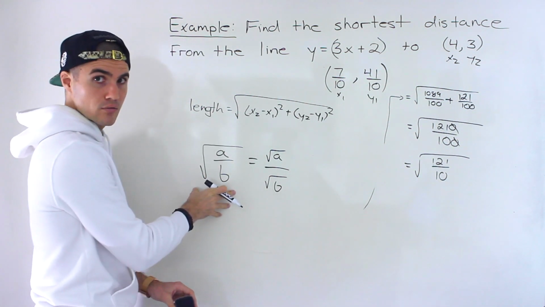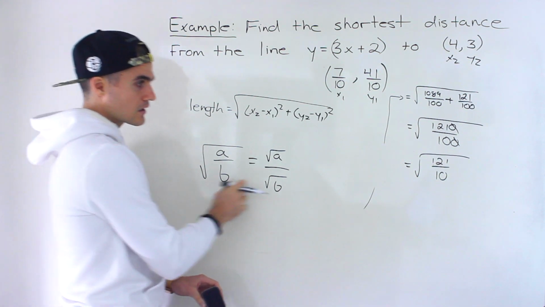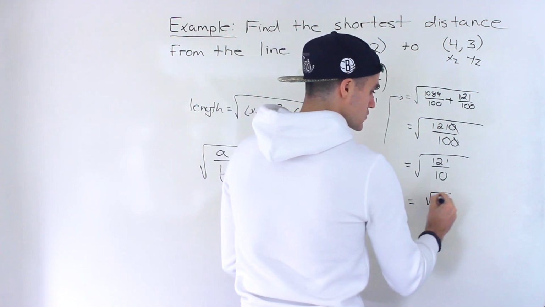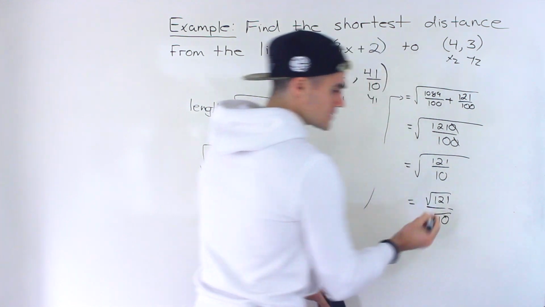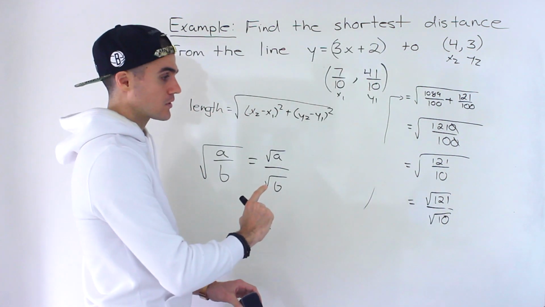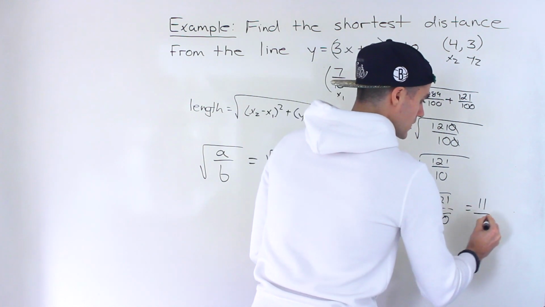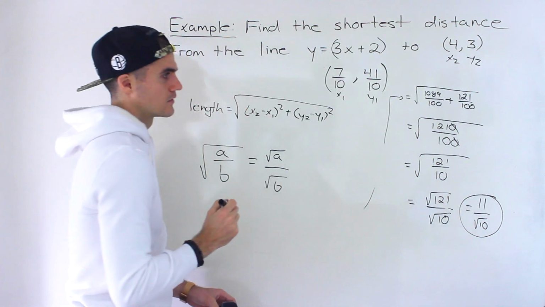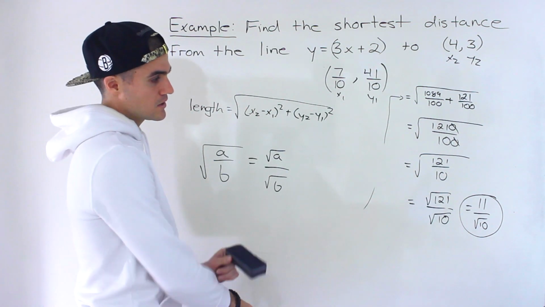This is a rule that you can apply. It's a nice rule to apply in this case because notice that the square root of 121 is actually going to be a smooth number. Root 10 isn't going to be a smooth number, but root 121, that's 11. And so we end up with 11 over root 10. Right? As I mentioned before, that's what the answer was going to be.